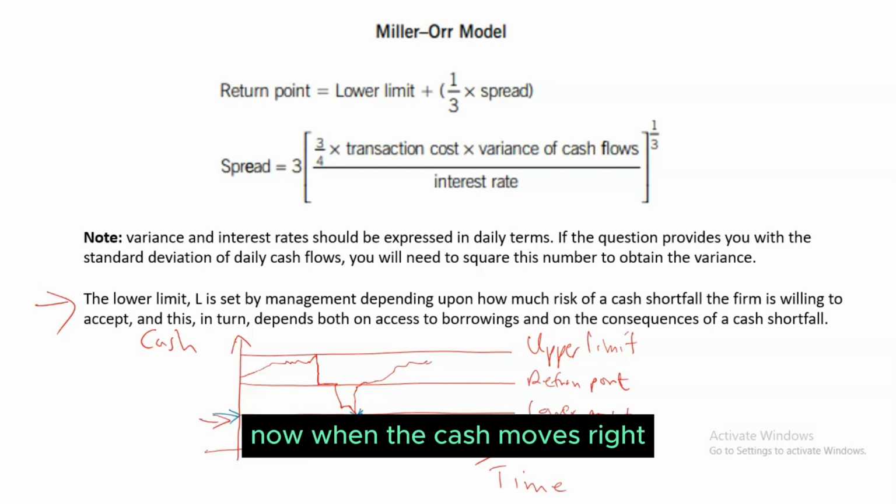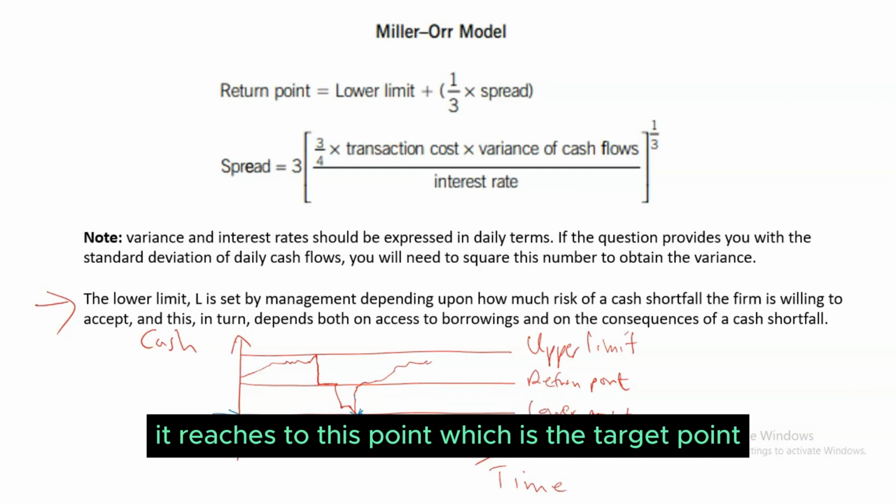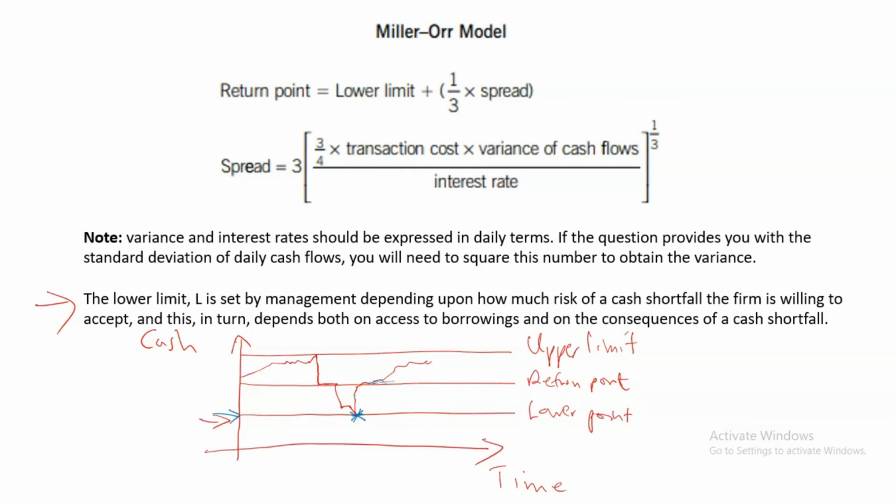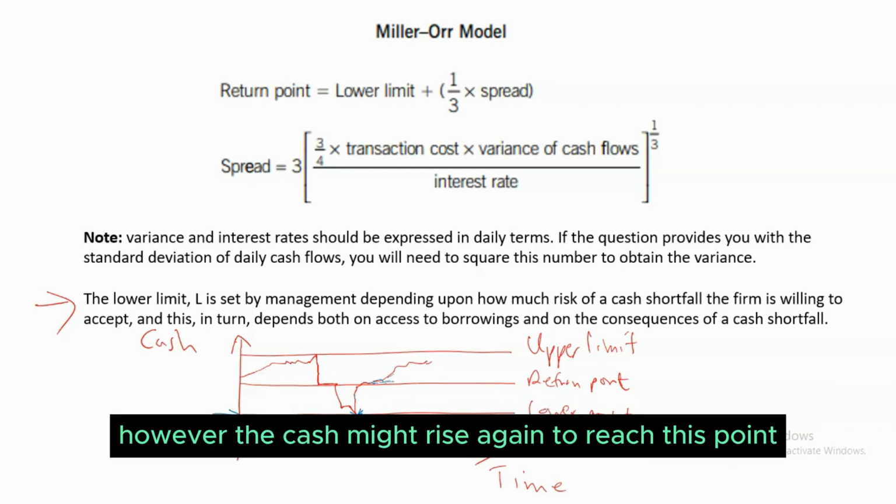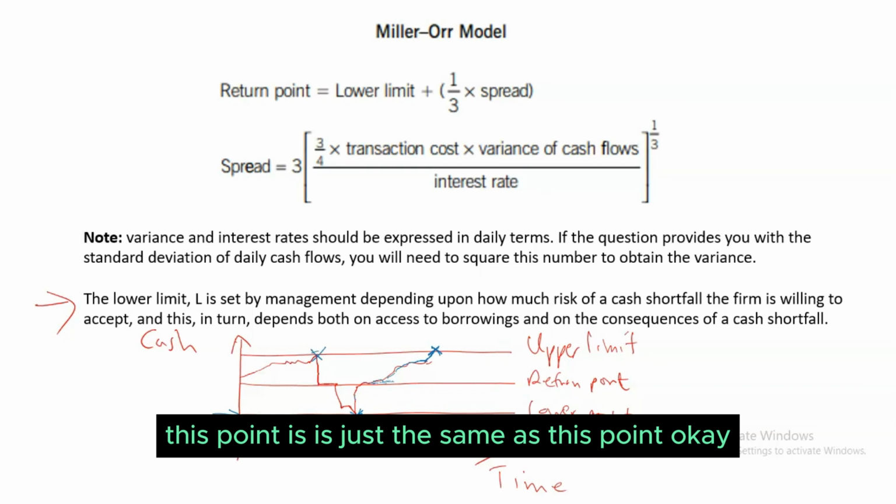Now, when the cash moves, it reaches this point, which is the target point, the idle point. However, the cash might rise again to reach this point, which is the same as this point.